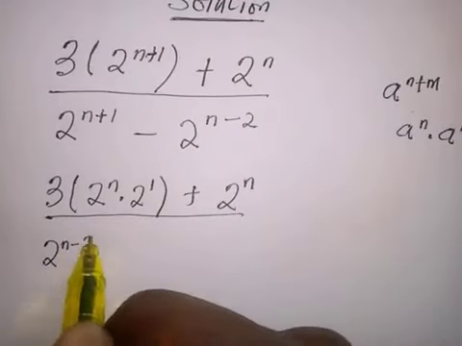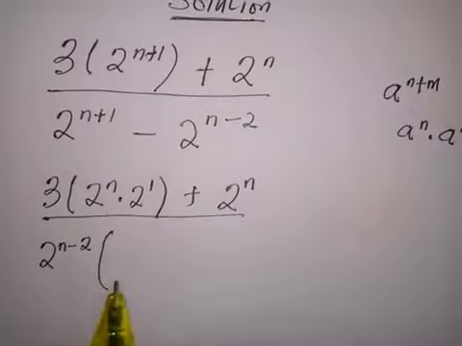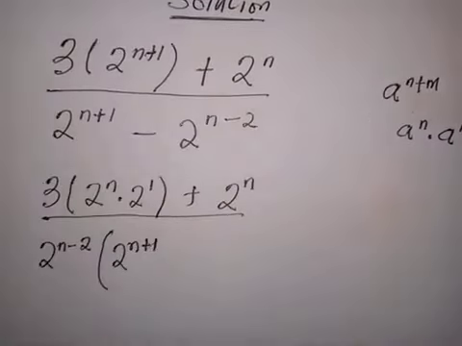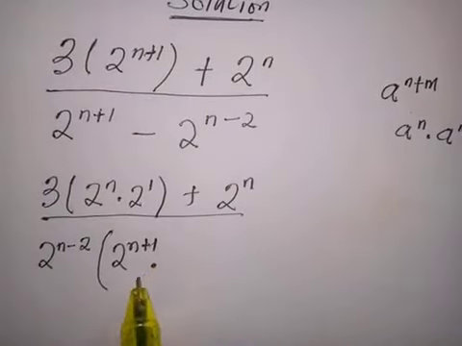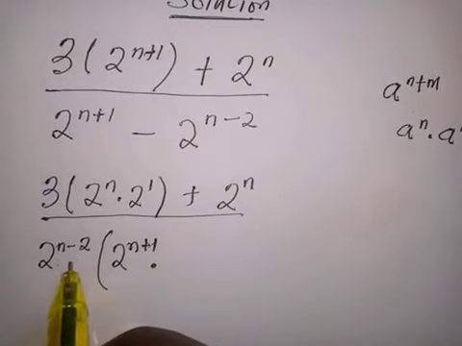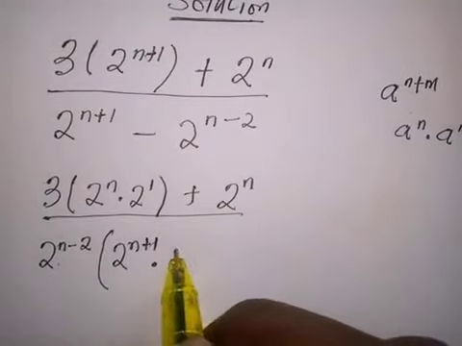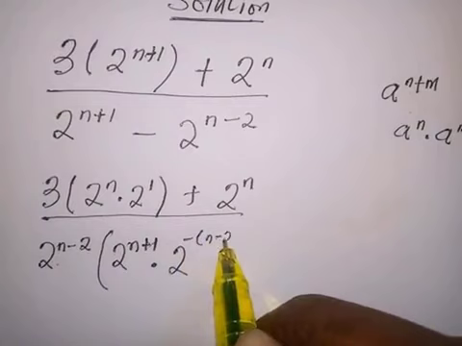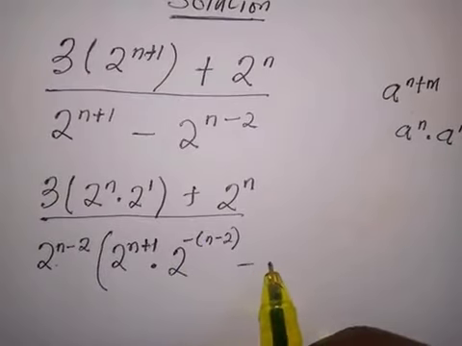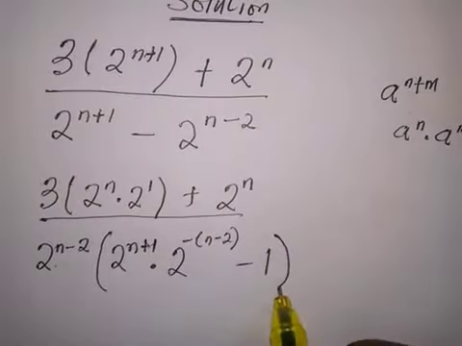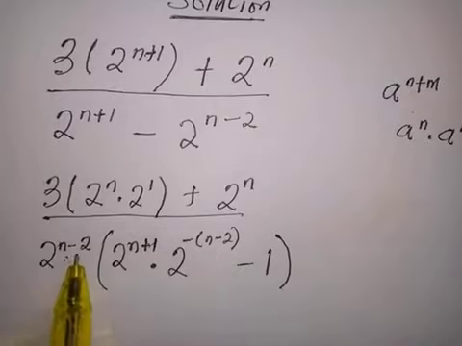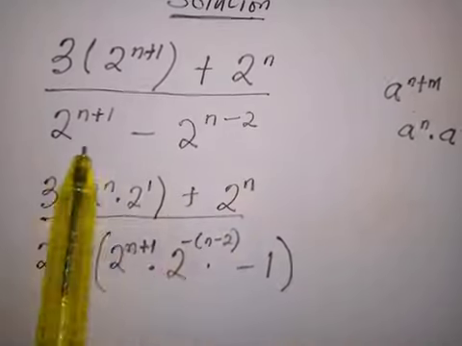Taking this one out, we create a bracket, then we write 2 raised to power of n plus 1 dot, so we are going to write 2 raised to power n minus 2 but in negative form, 2 raised to power of minus into bracket of n minus 2 minus 1. So this assumption is telling you that if you open the bracket at the denominator by 2 raised to power of n minus 2, you get this thing back.